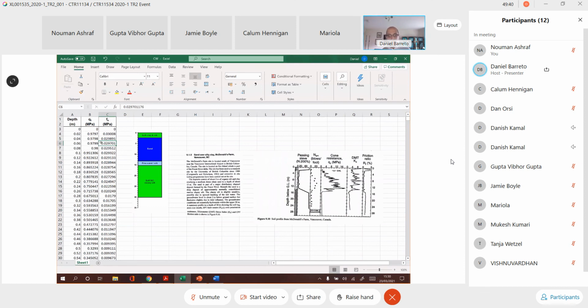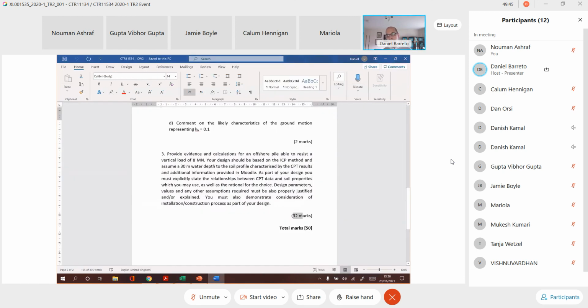So that's why you see in the coursework that actually that counts for 32% of the course, which is quite a lot, because you'll have to not only do calculations, but also justify why did you choose certain empirical relationship between the CPT test and the soil properties and so on.